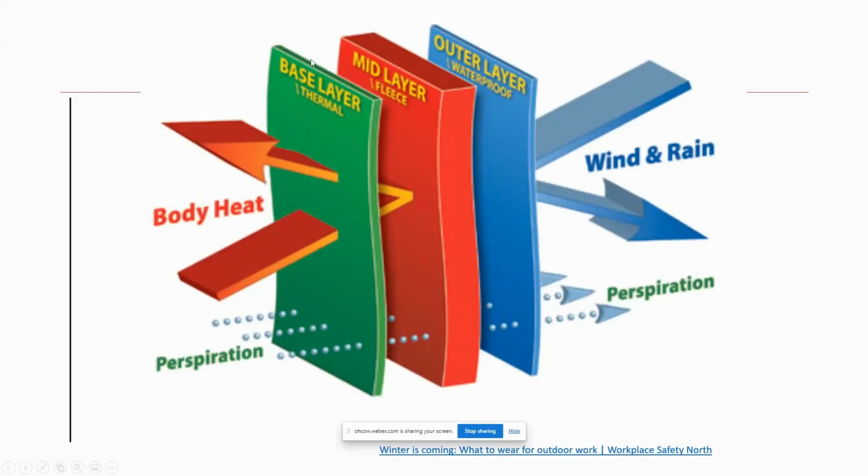The mid layer ideally should be made of fleece or wool, because its purpose is to contain the heat. And the purpose of the outer layer is to protect from wind or rain or any such thing.